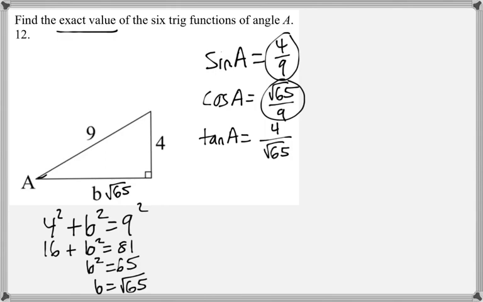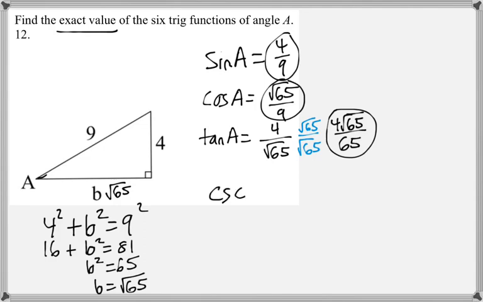Now you may remember that we're not supposed to have square roots in the denominator, so we need to rationalize this. You would multiply both the top and the bottom by that denominator, and you would get 4 times square root of 65 over 65. And that would be your answer.